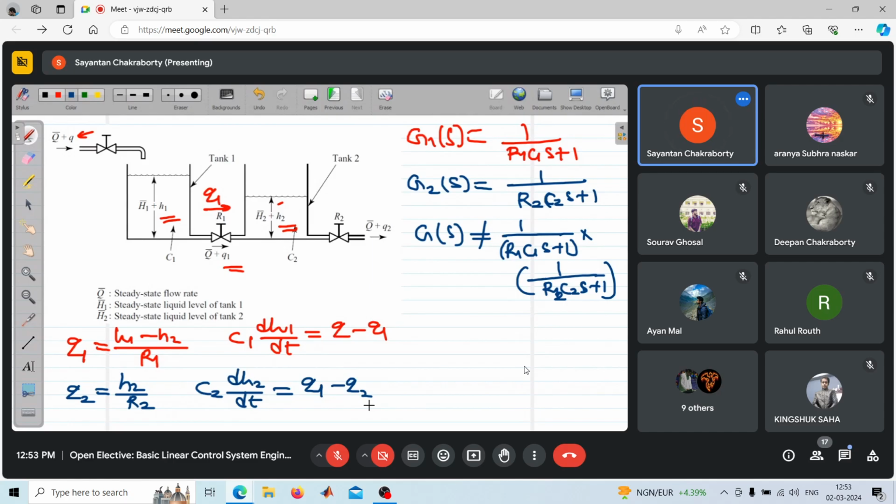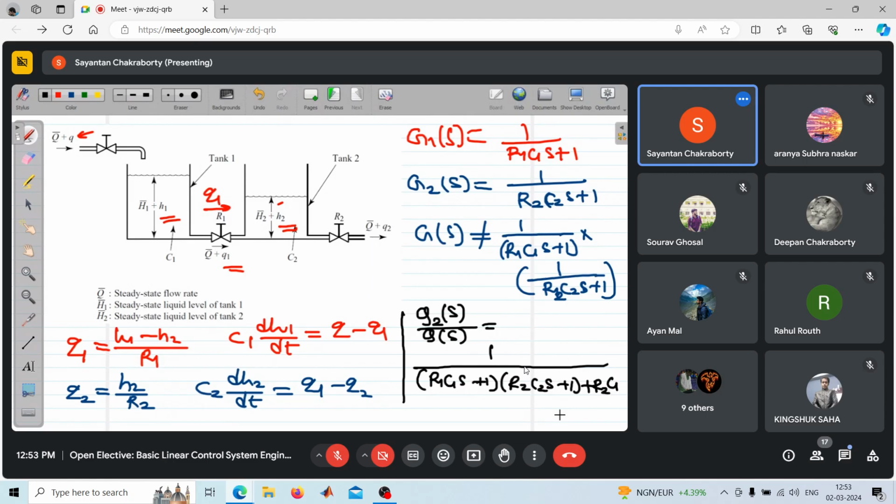Now, if I try to find the transfer function Q2(s) by Q(s), you will find it as you have done previously by solving these two equations or taking the Laplace transform.